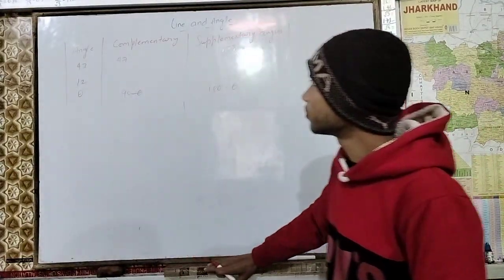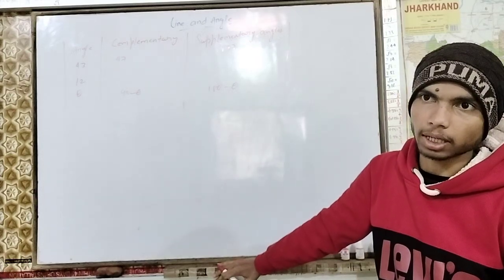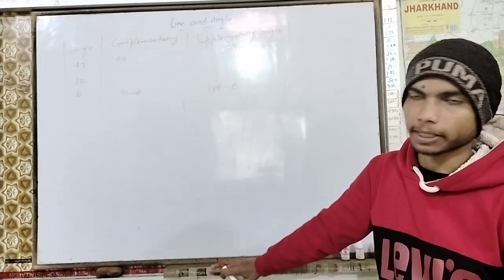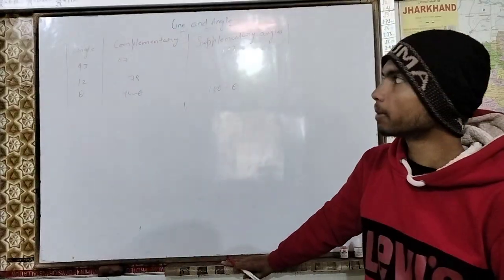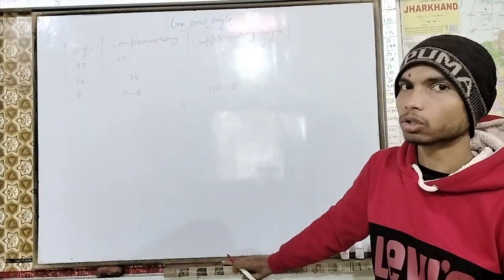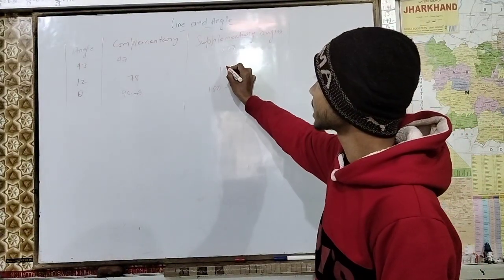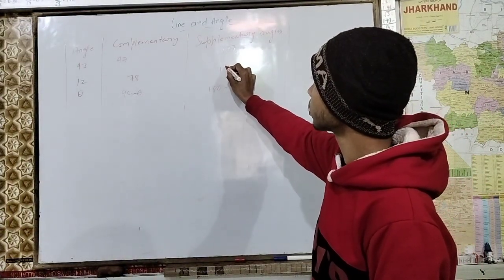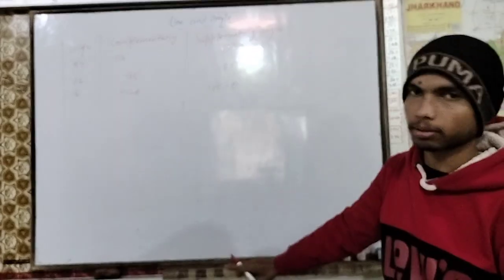Now let's find the complementary angle for 12 degree. For 12 degree, I think 78. The supplementary of 12 degree is going to be 168.